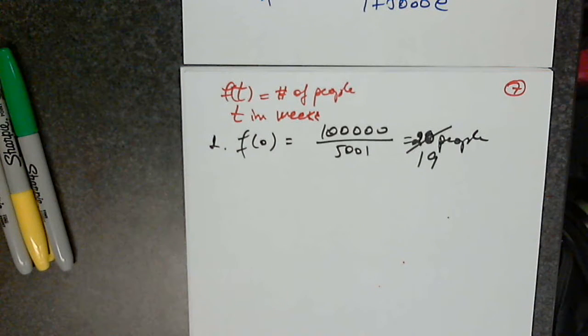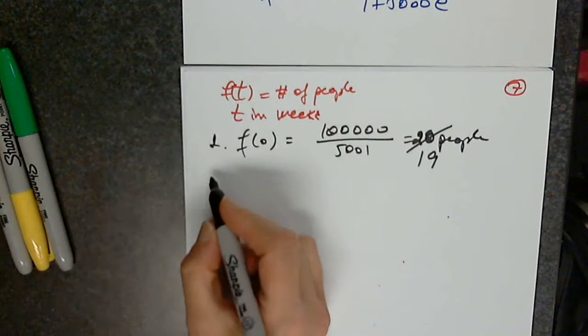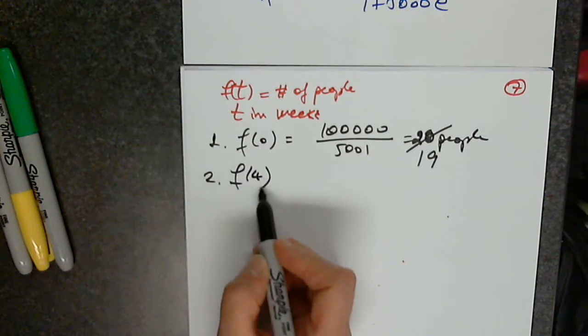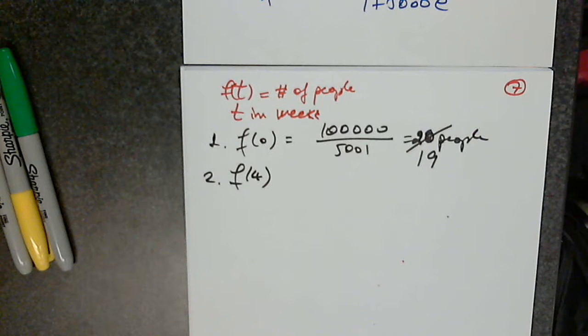How many people were ill by the end of the 4th week? What am I asked to do now? F of 4. So with the graphing calculator, I will put in 100,000. Since the numerator has only one number, I will not put it in parentheses. And I will divide by 1 plus 5,000 times e.